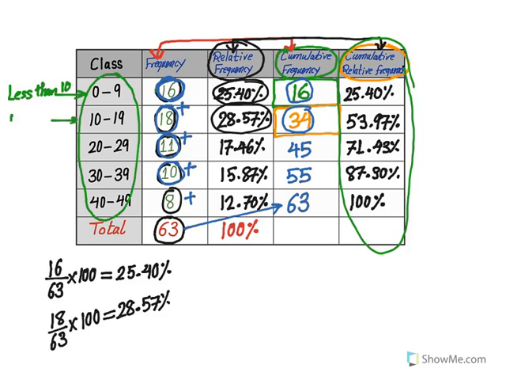And for this, they would say less than 20. And for this, less than 30. For this, less than 40. And for this, you can say less than 50, okay? But even though 50 is not included in this, that's how it's written sometimes. Just pay attention to this.